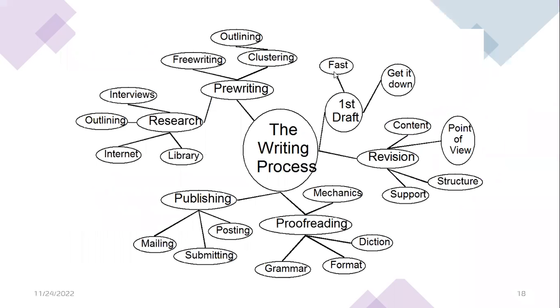So here is an example of a cluster. And of course, we have to use it according to what we're covering today, the writing process. So we have pre-writing, proofreading, publishing, revision, first draft. Pre-writing, publishing, proofreading, revision, and the first draft, all of these would be the subtopics under the writing process.